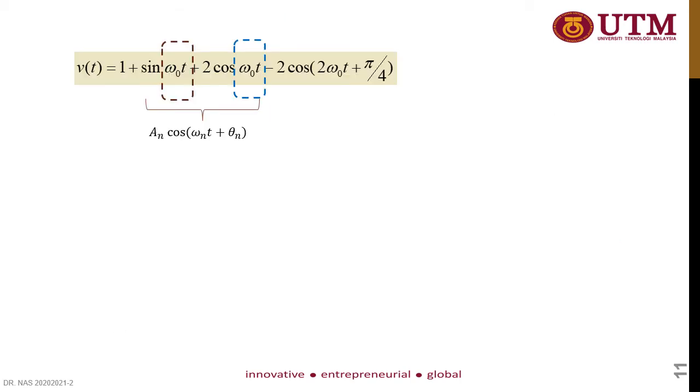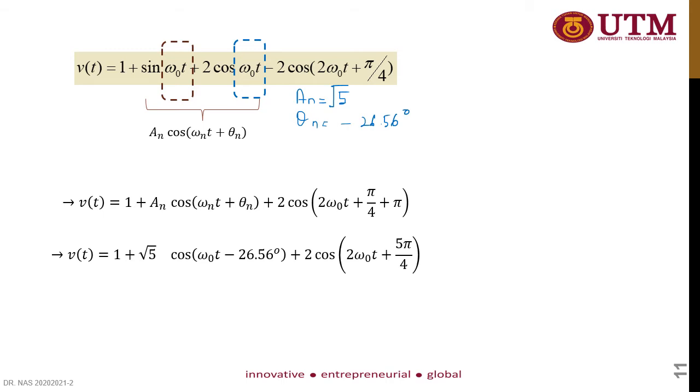Okay, from the previous slides, we have calculated An equal to square root of 5, while theta n equal to negative 26.56 degrees. Then you need to rewrite the complete equation. v(t) is equal to 1, and this is the equivalent equation, plus the third component.